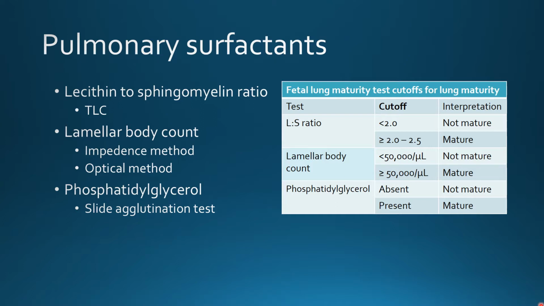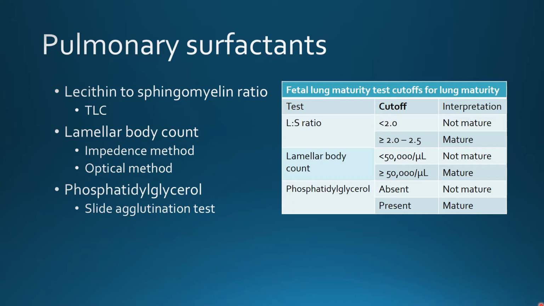So testing the levels of the surfactants that are present allows us to determine how mature these lungs are. Will this kid be able to breathe when it's born? If the levels are low, if the ratios are off, then the child is at high risk for respiratory distress syndrome when they have to be intubated. So it is definitely an important test for premature births.